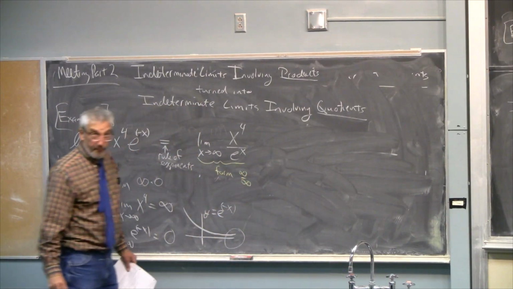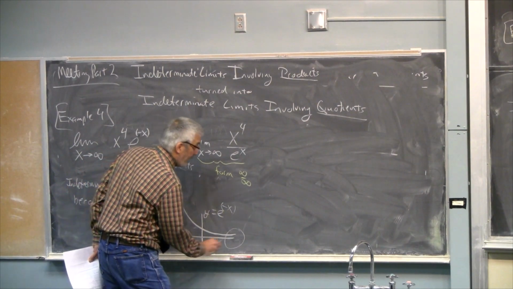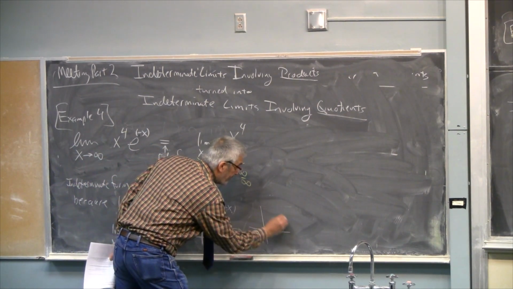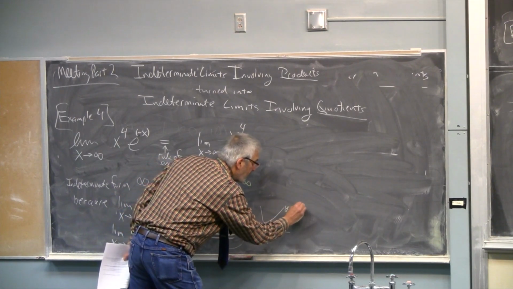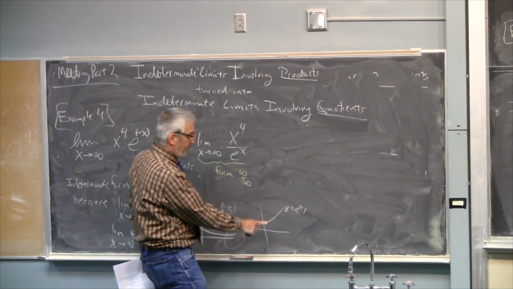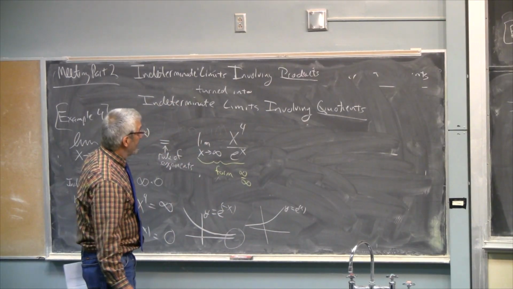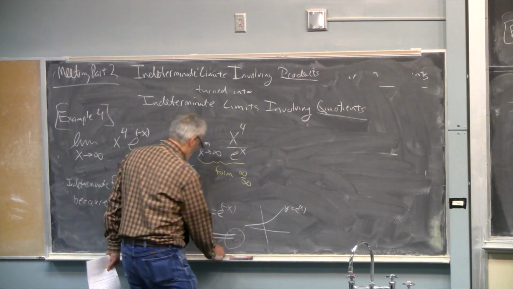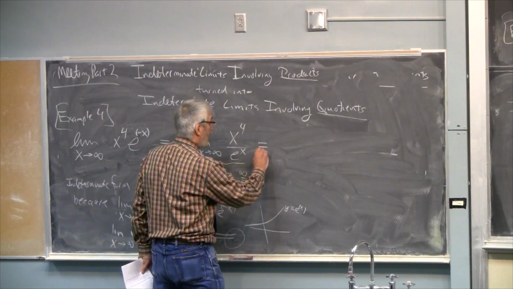And it's an indeterminate form infinity over infinity. The limit as x goes to infinity of e to the x is infinity. So this graph goes up on the right. Okay, so since we have a quotient, then we can use L'Hopital.